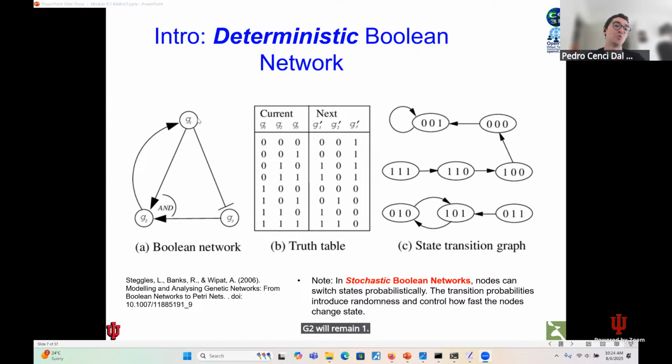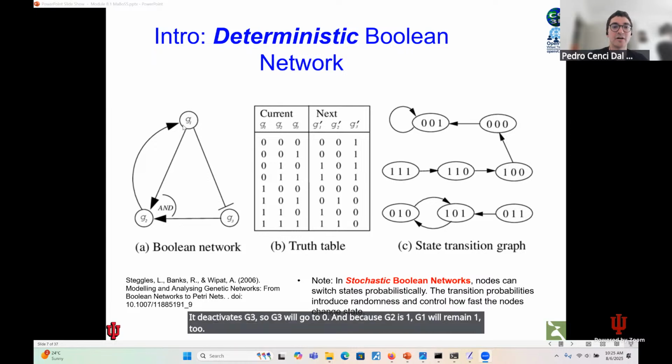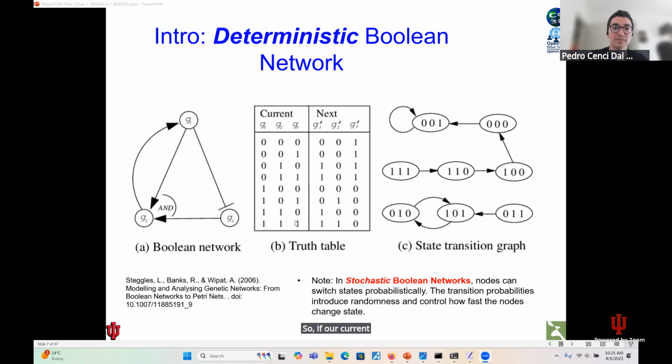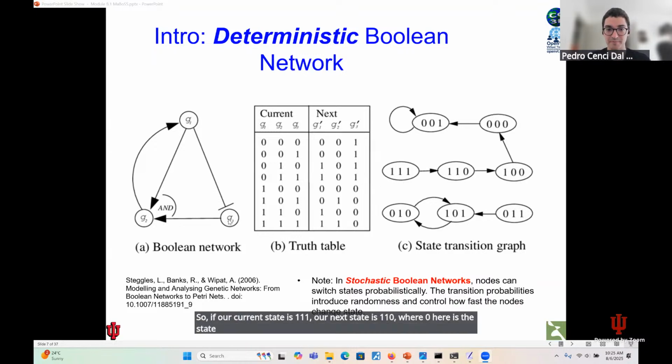Now, because G1 is 1, it deactivates G3, so G3 will go to 0. And because G2 is 1, G1 will remain 1 too. So if our current state is 1, 1, 1, our next state is 1, 1, 0, where 0 here is the state of G3.